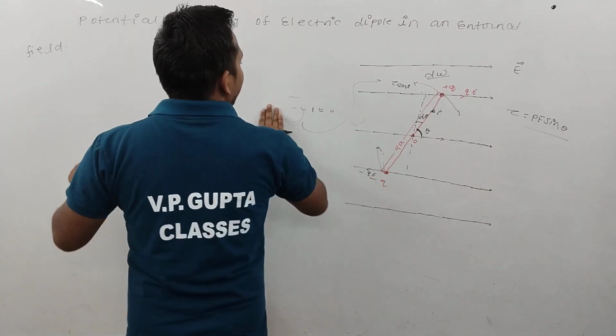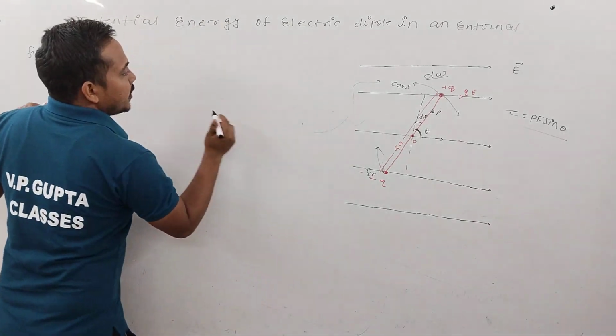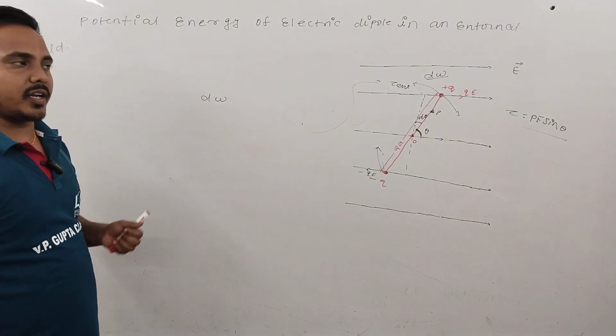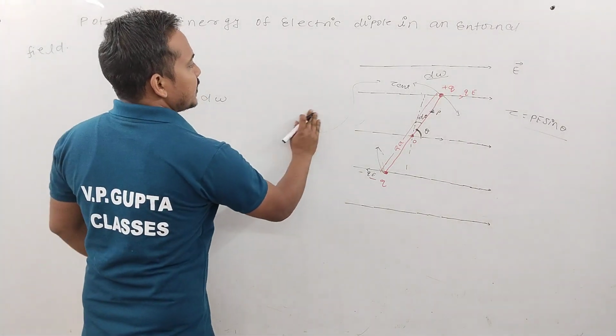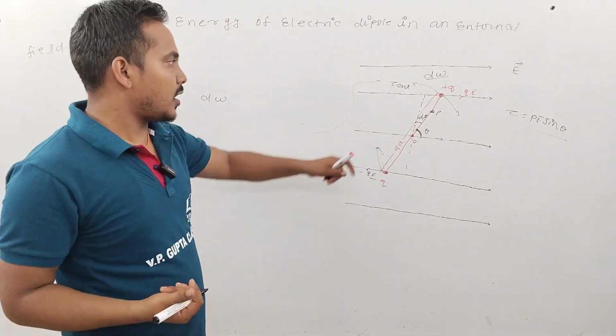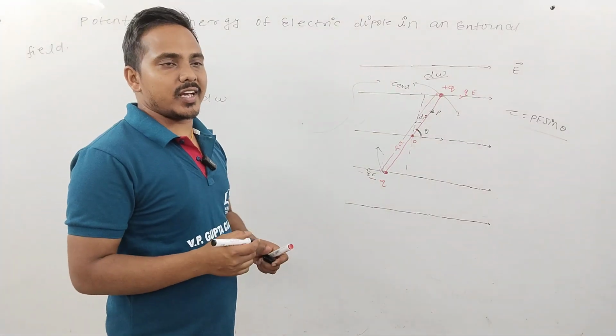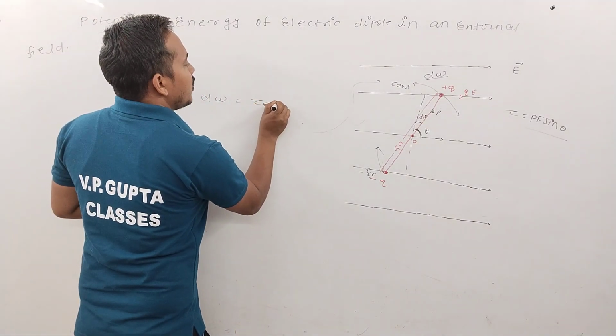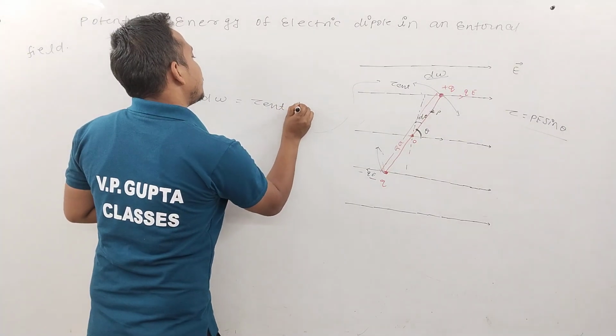Now, if we take dW, a small work done, it is the work done by a small external torque tau ext, that is, tau ext times d theta.